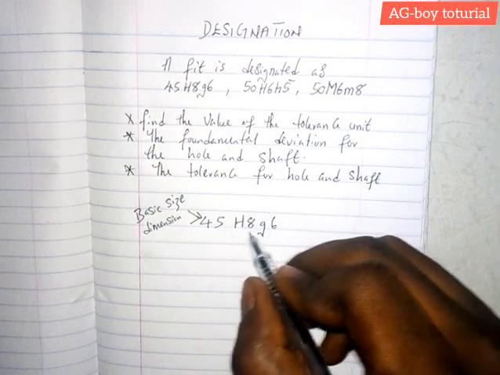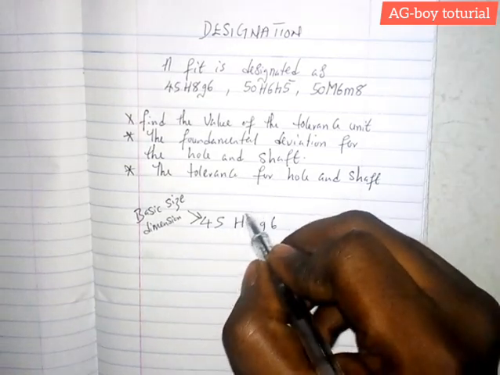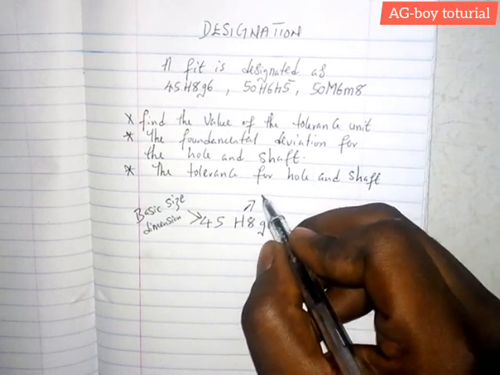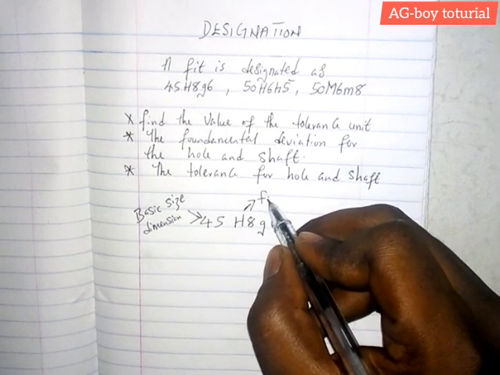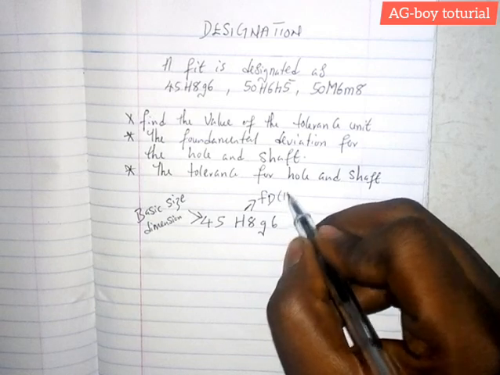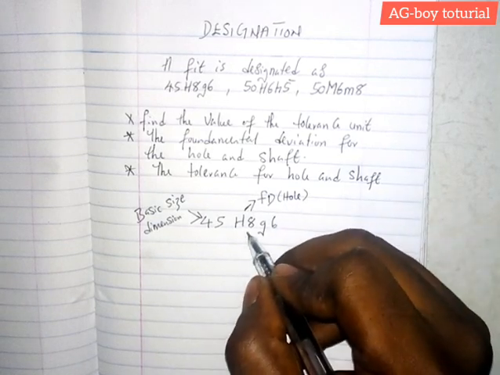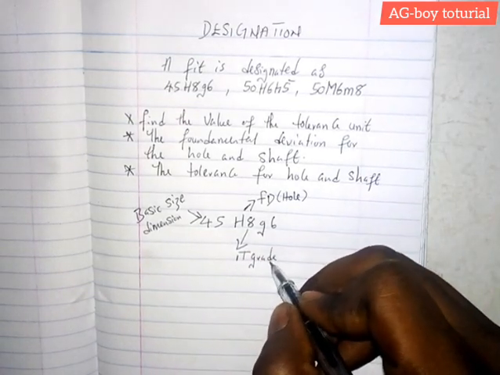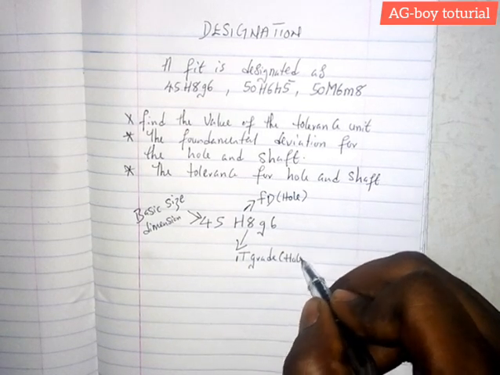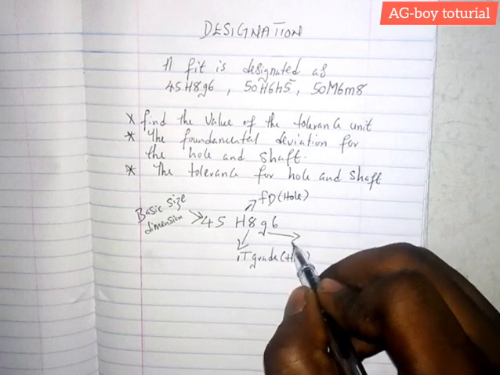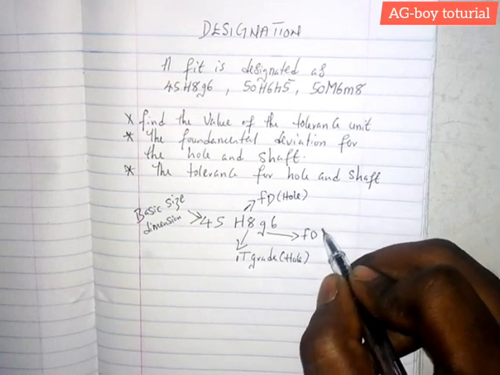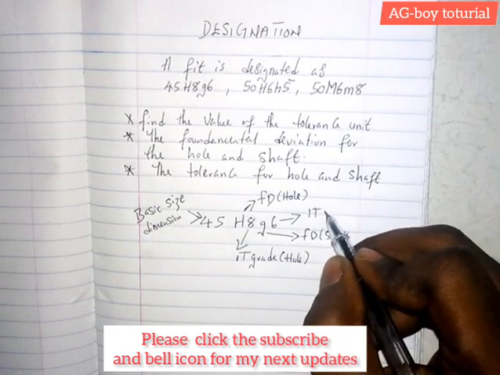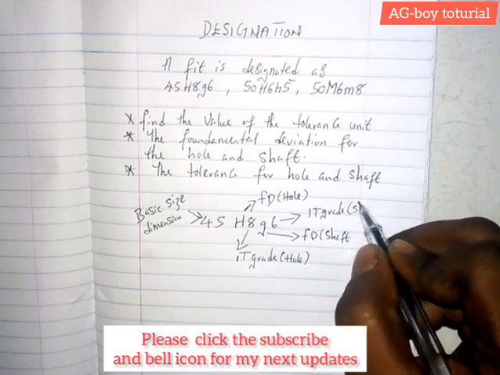Then let's go further. For our H, the uppercase letter H means the fundamental deviation for the hole, and my 8 is an IT grade for my hole, while my g is my fundamental deviation for my shaft, and my 6 is my IT grade for my shaft.